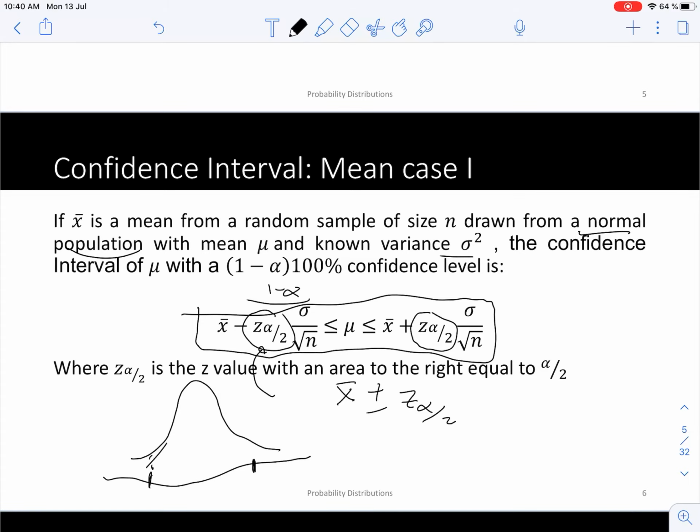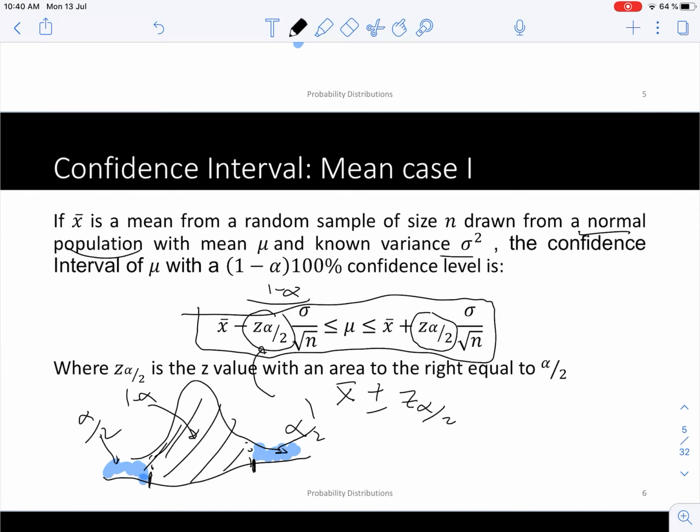The region in the middle, the inner region between the limits, is 1 minus alpha. Therefore, the areas of the regions left to the right and to the left are alpha divided by 2 and alpha divided by 2.